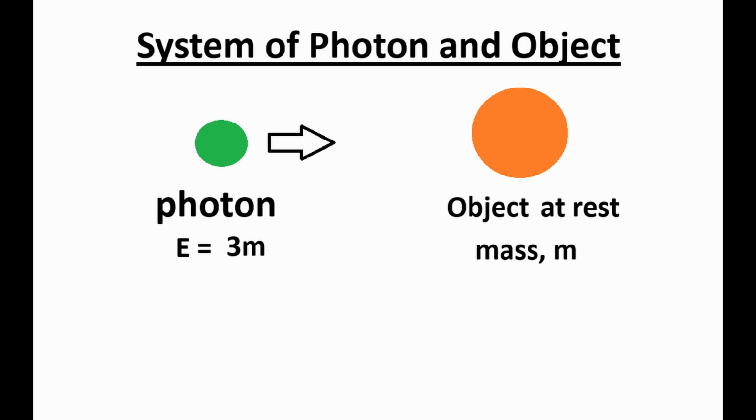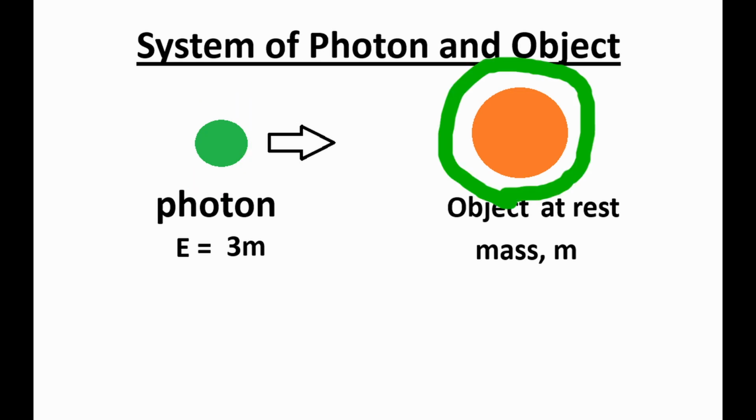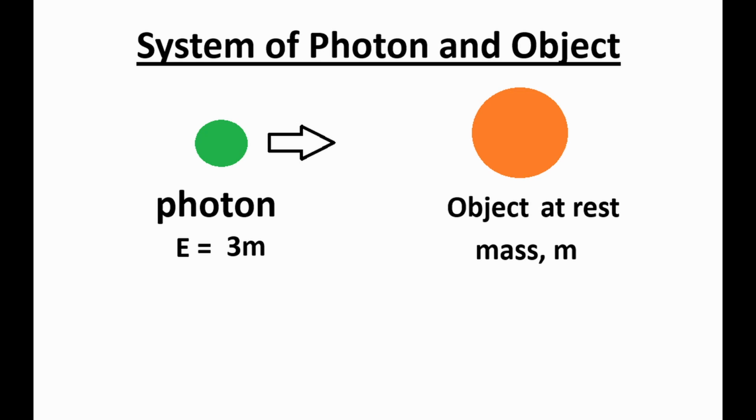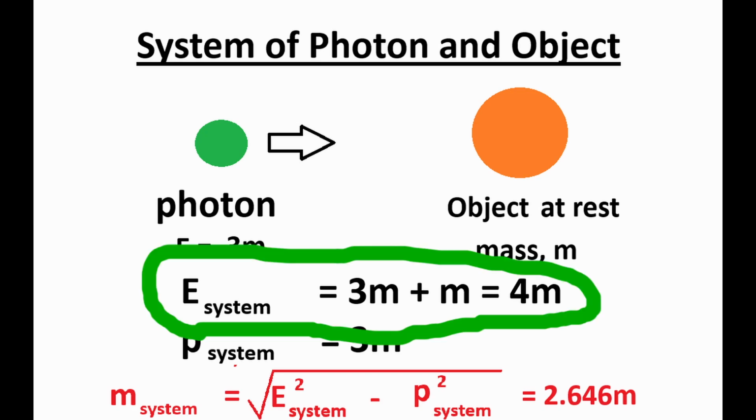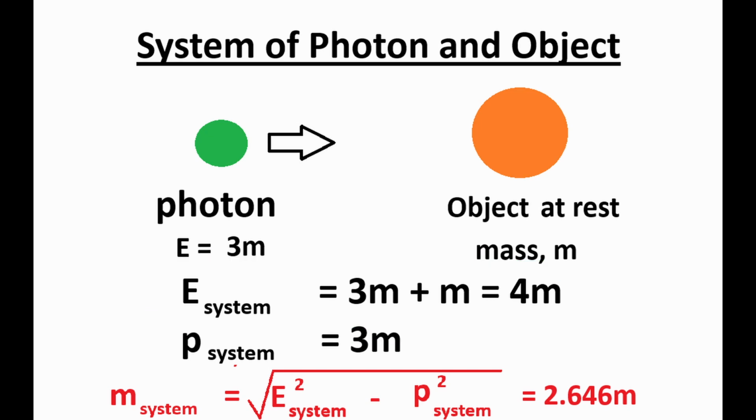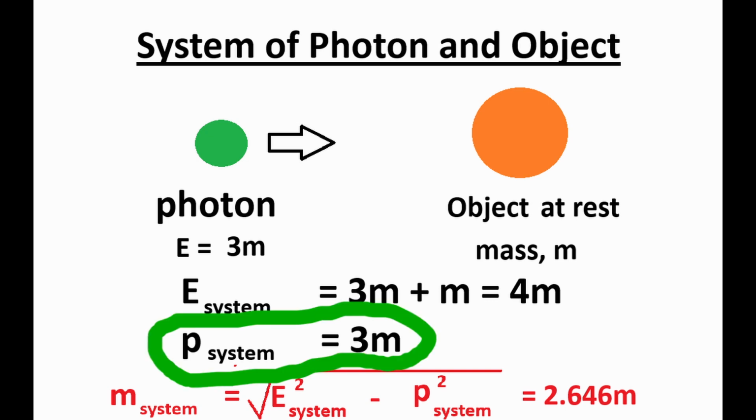Let's look at another example involving a system that contains a photon and a body with mass m that is at rest. In this case, the photon has 3 times the energy of the mass, m, of the body. This means that the system has a total energy equal to the sum of the energies, or 4m. Since the body is at rest, the total momentum of the system is defined by the momentum of the photon, which is 3m.